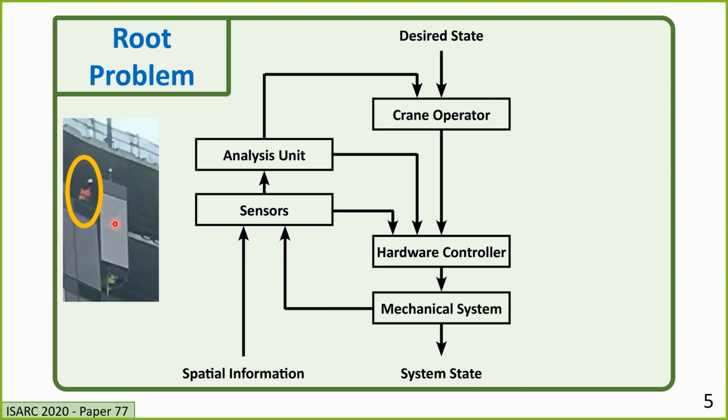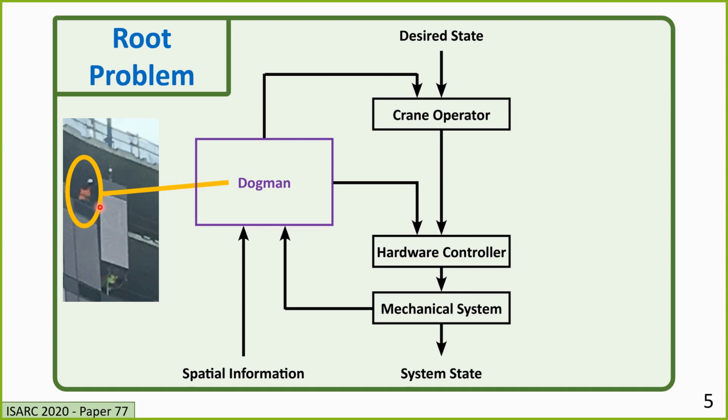The problem in this process with relation to how it is currently done is then related to the two workers here, who are referred to as dogmen or riggers. These dogmen perform the sensing and analysis in its entirety in the case that there is a blind lift scenario.